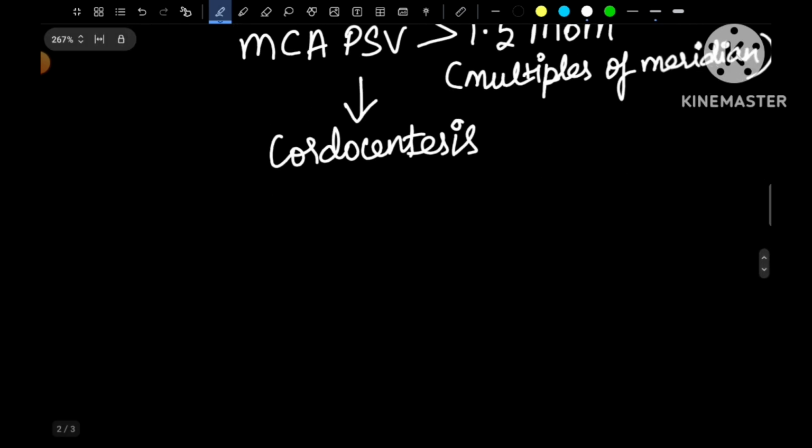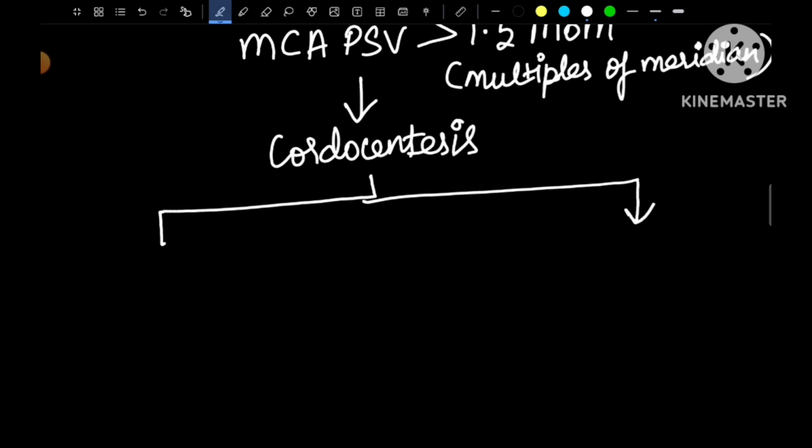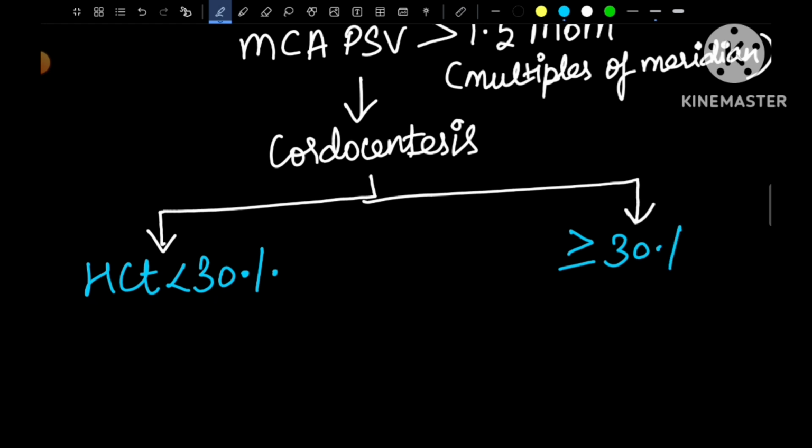In cordocentesis, we have to see two things. With different values we have different interventions. If the hematocrit is less than 30%, there is one intervention, and if it is more than or equal to 30%, there is a different intervention.